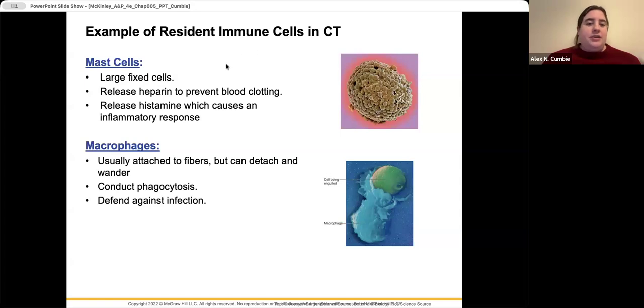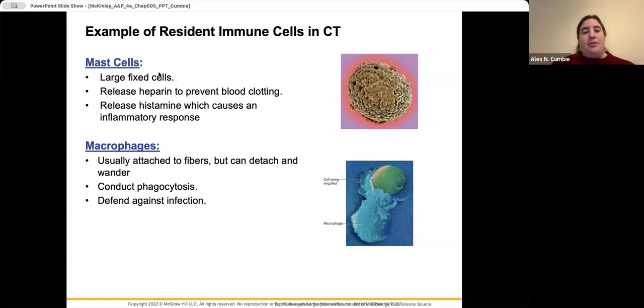These are the immune cells that I was noticing for our connective tissue. We have mast cells and macrophages. These both play a function in the immune system for the connective tissue, but play distinctly different roles. Mast cells are fixed, which means they're truly resident and they don't move around a lot in the tissue.